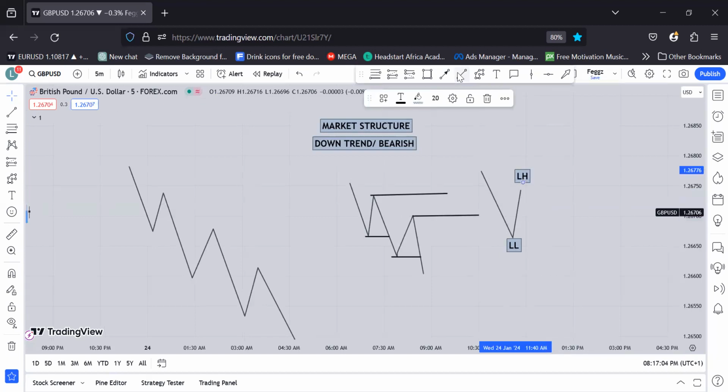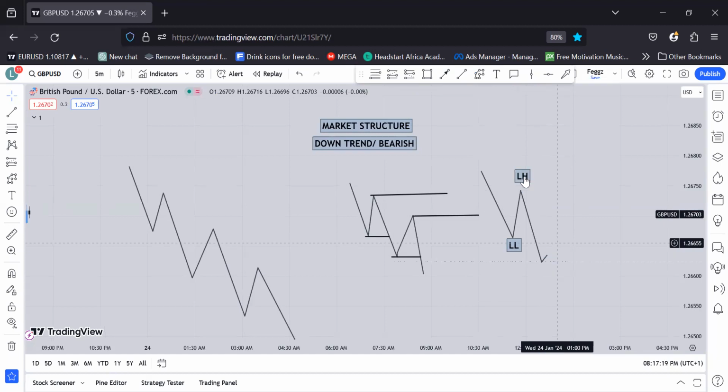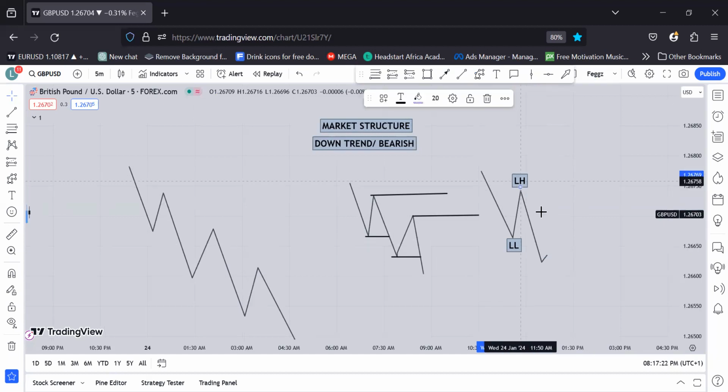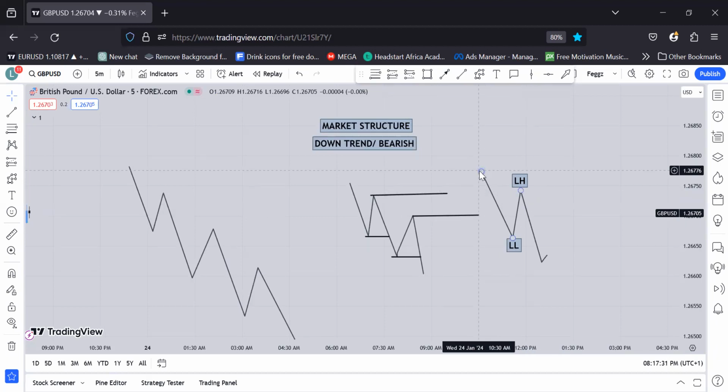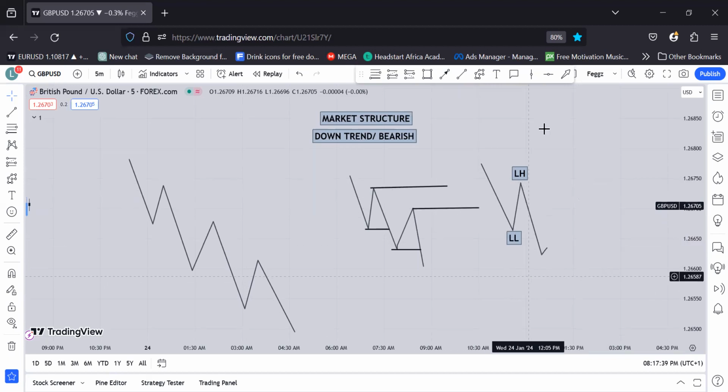Let's say as price was coming back down, it closes below this particular low. So when price closes, that is when we can establish that this zone is now a lower high. Why is it a lower high? It is a lower high because this high is lower than this previous high. This is a lower low because this low is lower than the previous low that was coming from this trend before. Let's continue. You are going to see what I mean.